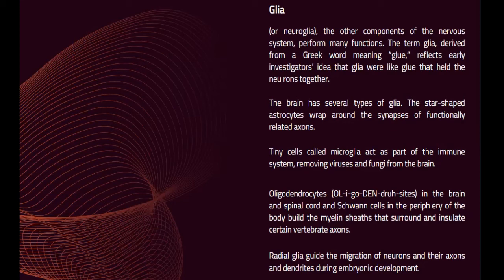Oligodendrocytes in the brain and spinal cord and Schwann cells in the periphery of the body build the myelin sheaths that surround and insulate certain vertebrate axons. They also supply an axon with nutrients necessary for proper functioning. Radial glia guide the migration of neurons and their axons and dendrites during embryonic development.